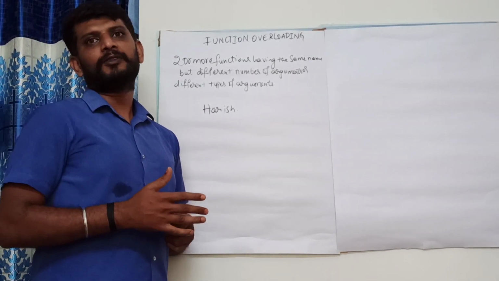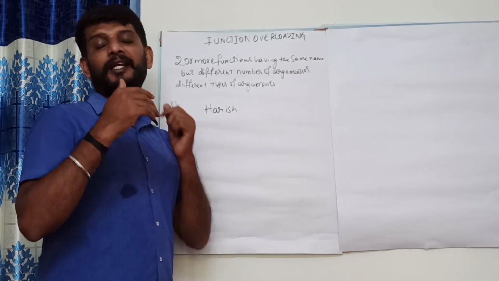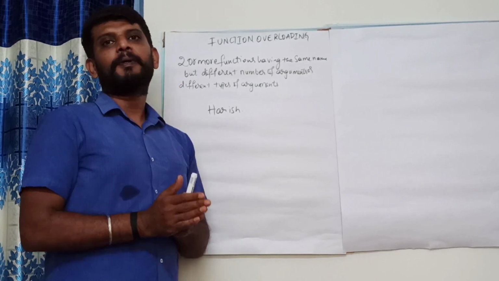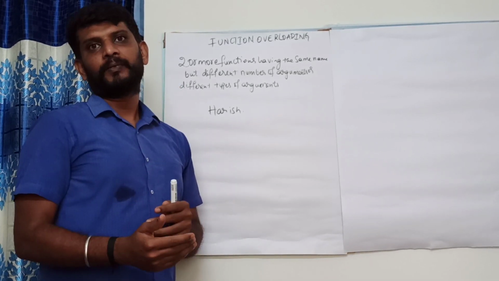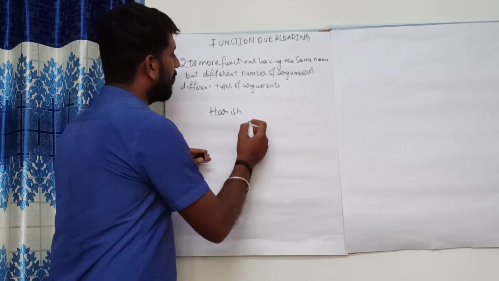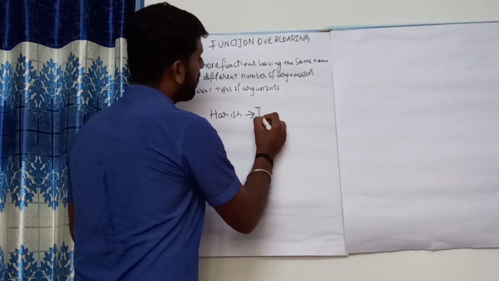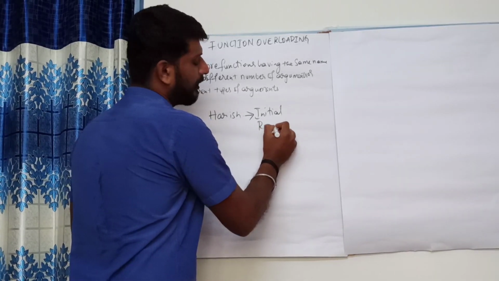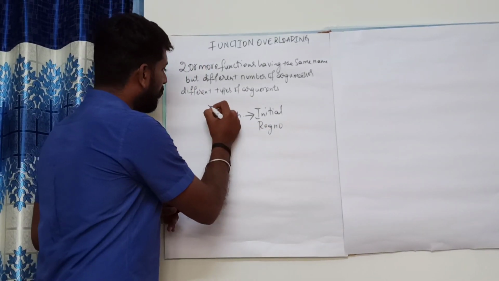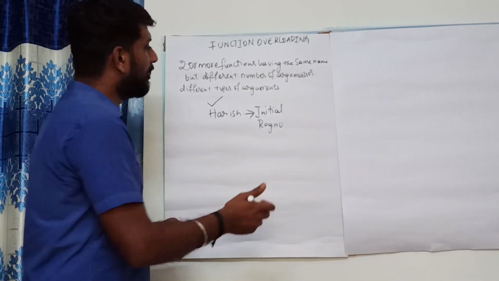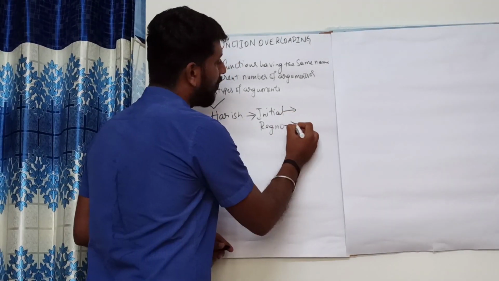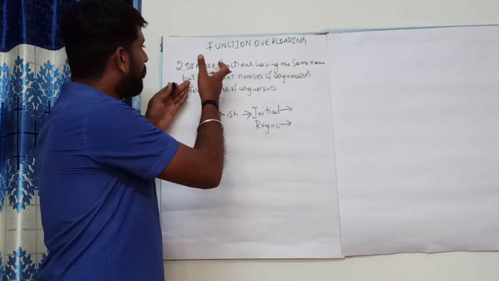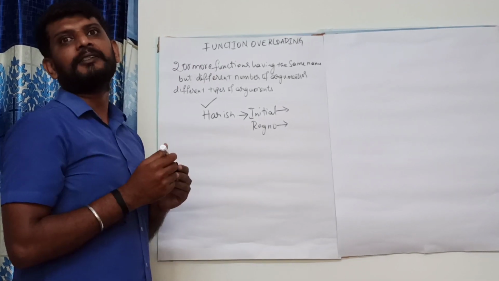Whenever there are 2 different students with the same name, when I call the student name, there will be a confusion about which student I am referring to. At that time you will call the student by using his initial or else by using the register number. So even though the name of the student is the same, they differ in their initials or in the register number. This concept you will be using in programming, that is called function overloading.